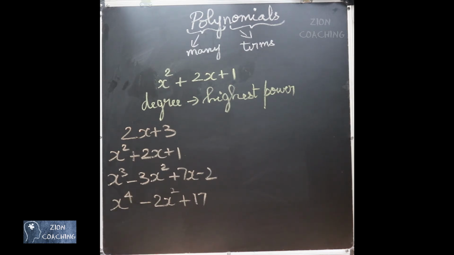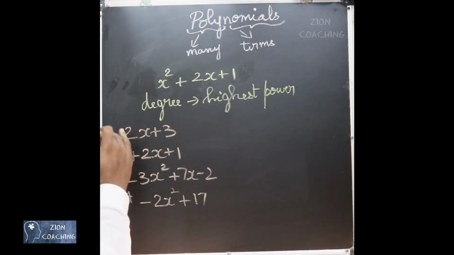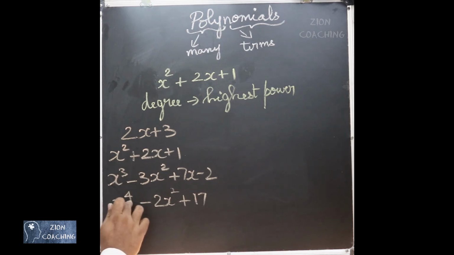It can go on. Now we will discuss the first 4 types alone, because in class 10 we are going to have maximum only up to power 4. So we will know the names of these polynomials based on their degree. Now I will first write the degree for you.